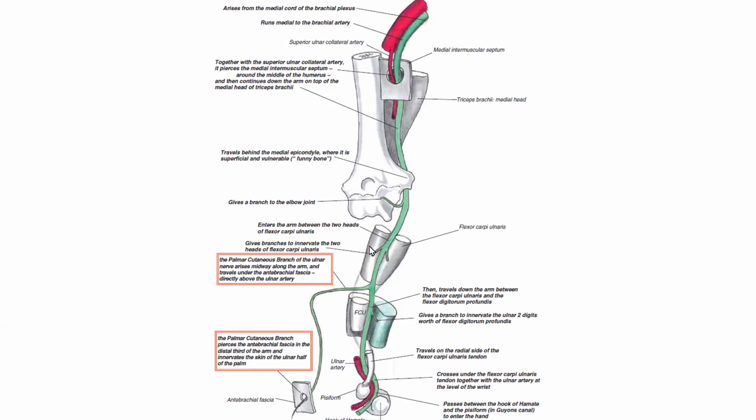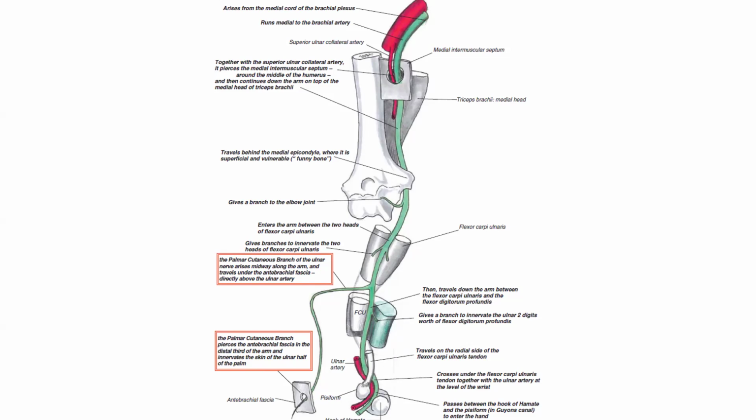Then it passes between both heads of the flexor carpi ulnaris, descends in the forearm between the flexor carpi ulnaris and the flexor digitorum profundus, and then it arrives at Guyon's canal between the pisiform and the hamate.